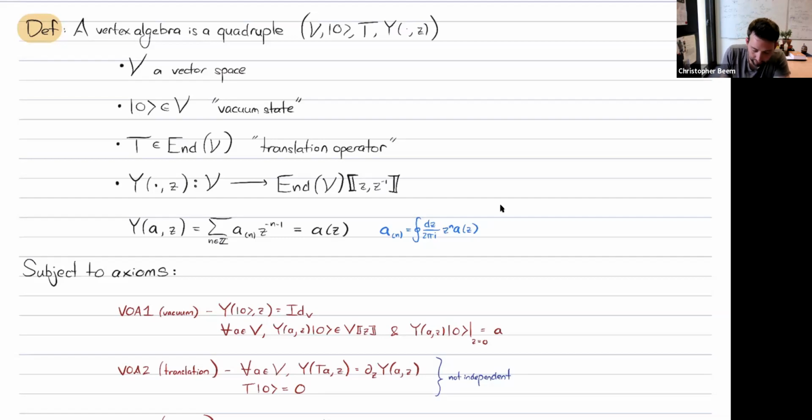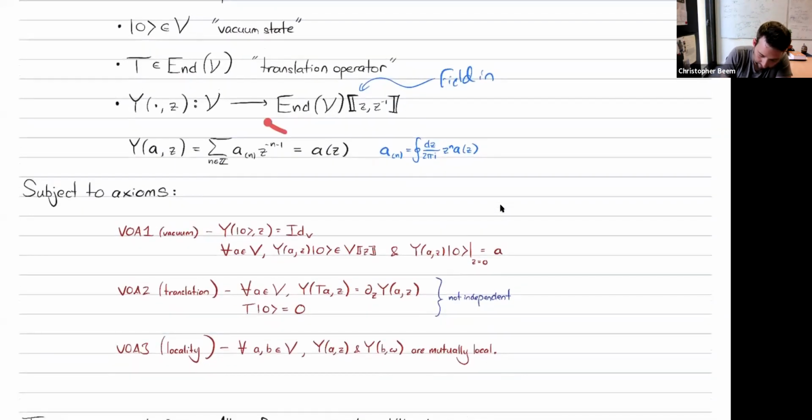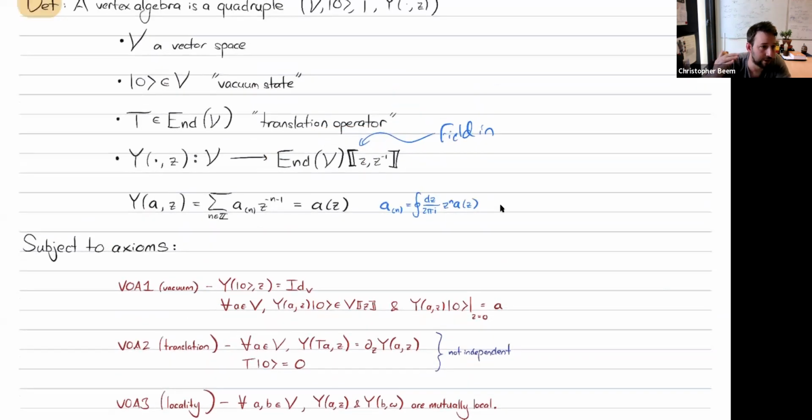And it has a state operator map, which is called Y, which sends an arbitrary element of your vector space to a field in this usual endomorphism space that I was talking about before. So the field condition, again, being this truncation in negative powers.